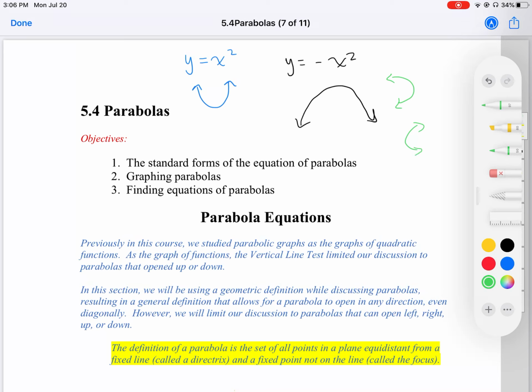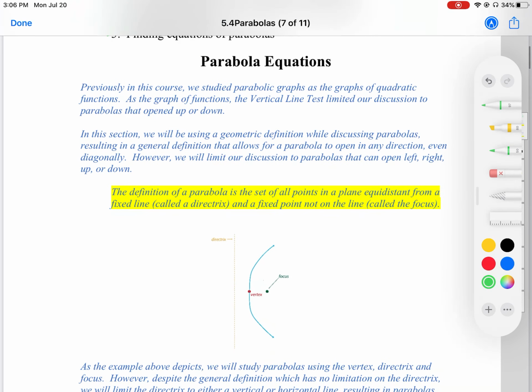Our objectives for this section are 1, the standard form of the equation of a parabola, 2, graphing parabolas, and 3, finding equations of parabolas. Parabola equations. Previously in this course, we studied parabolic graphs as the graphs of quadratic functions.